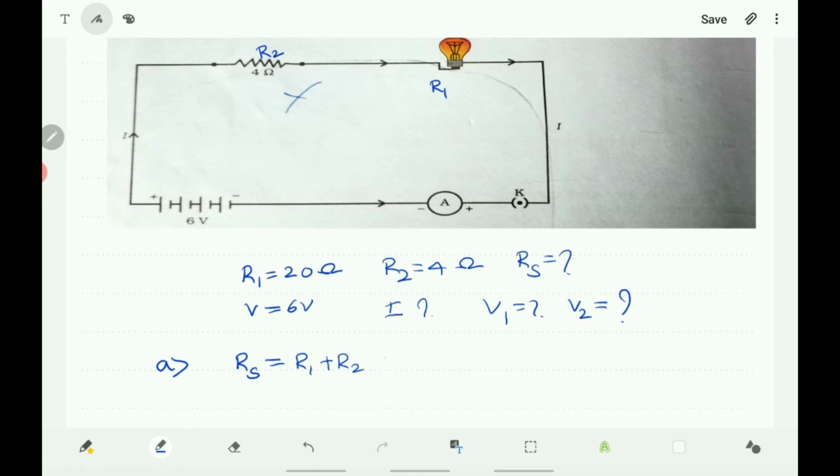R1 is 20 ohm and R2 is 4 ohm. So 20 plus 4, Rs is equal to 24 ohm.